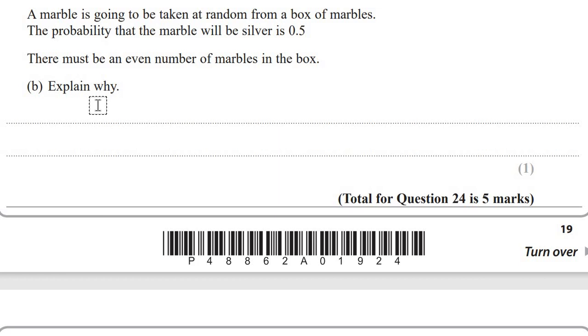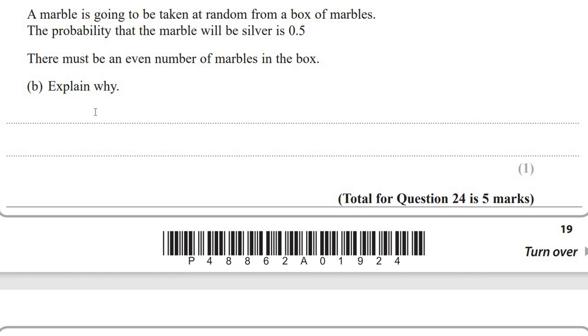Well, if the probability is 0.5, which is half, that means that the total number of counters must be a number that is divisible by 2, which means it has to be an even number.